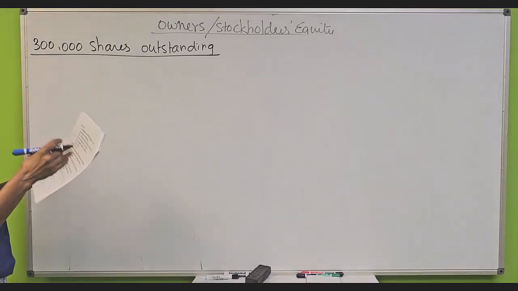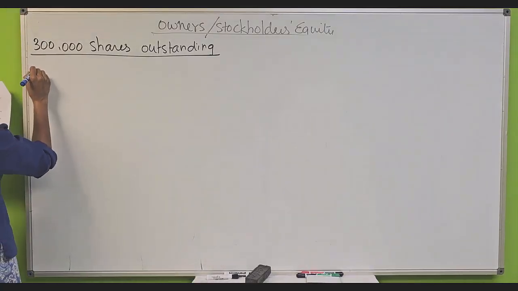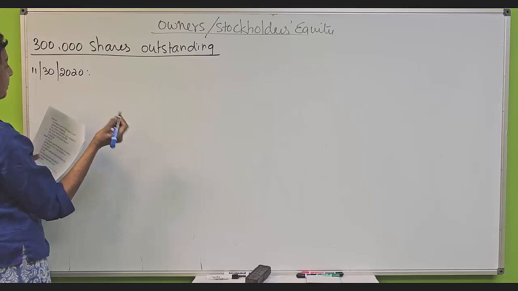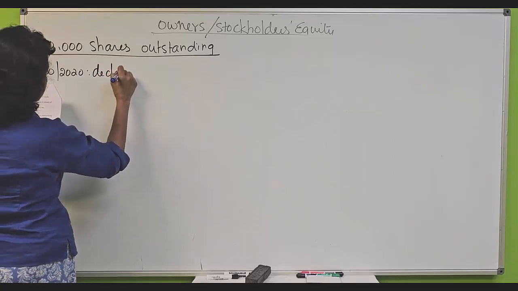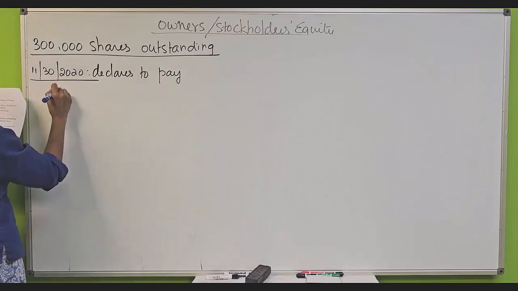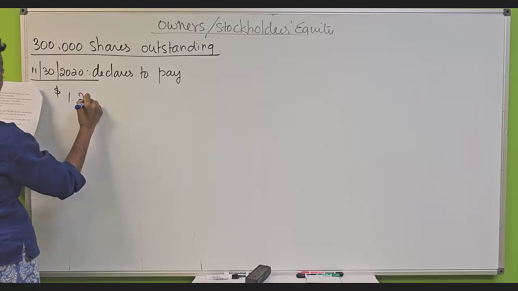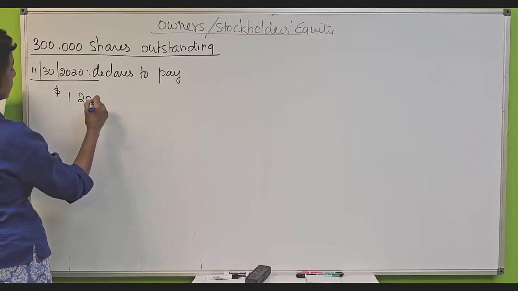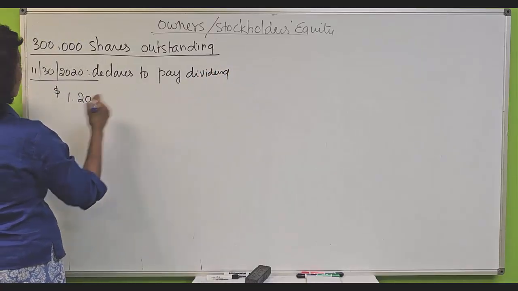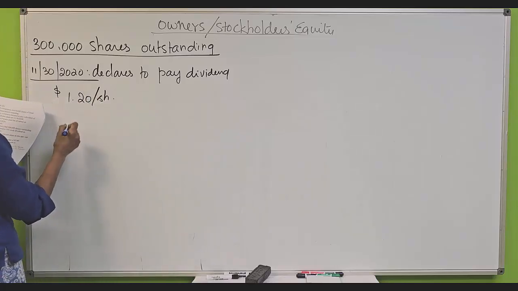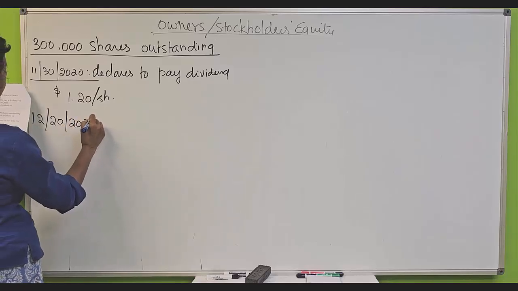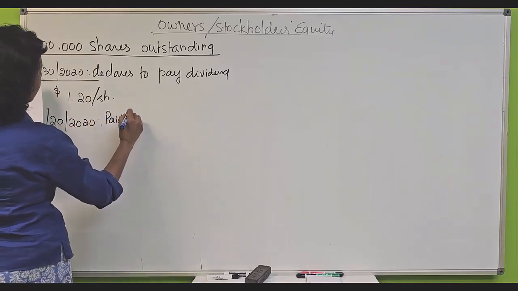So here on November 30 of 2020, the company declares to pay a dividend of $1.20 per share. Then the company on December 20 of 2020 paid the dividends.